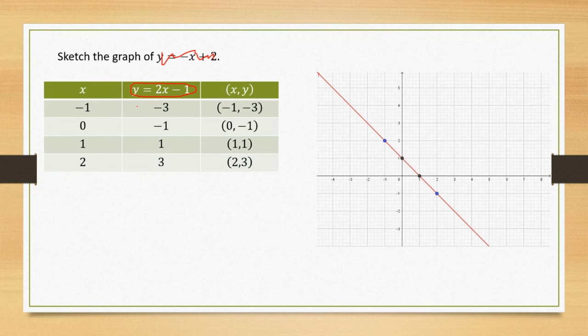The graph's wrong, but the idea is you would pick x values, plug them in, and get the corresponding y values. Then you would calculate the corresponding ordered pairs, plot those pairs, and that's how you would get your graph. I'm not sure why this is here.